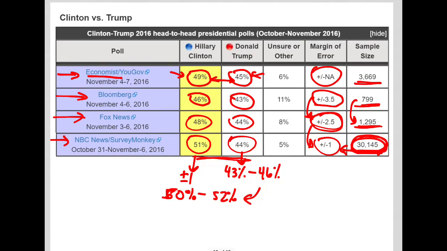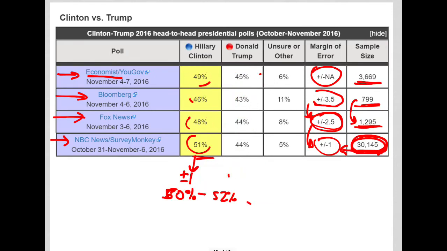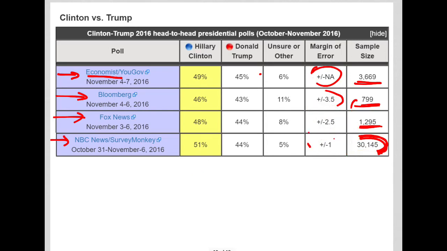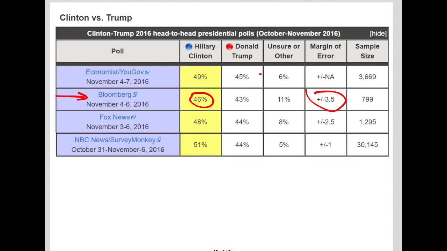I wanted to look at, before we leave this page, just one other thing about margin of error. Let's use Bloomberg's as an example. The study for Bloomberg had Hillary Clinton in favor by 46%. But if you consider their margin of error, they're really thinking that the entire population percent of people in favor of Hillary Clinton could be down 3.5% from that number or up 3.5%.